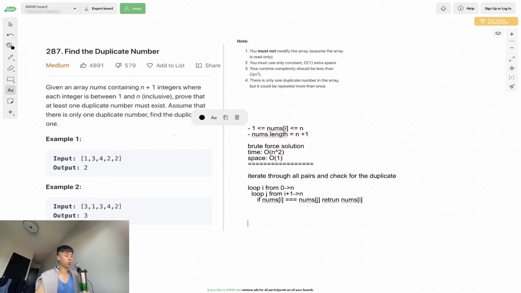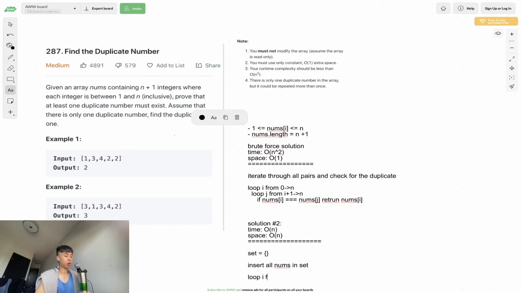A better solution, we'll call this solution number 2, would probably use a set. You can do this in O of n time and O of n space, where we first have a set and then we insert all nums in the set.